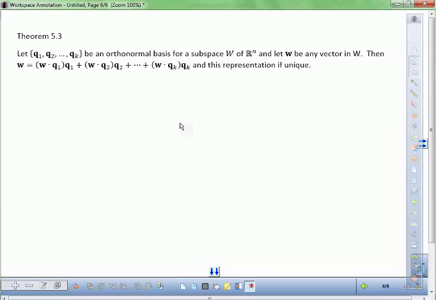Now, this looks a little bit different from what we saw earlier, but I think it's the same. Do you think it's the same? It is the same. And what's missing and why is it missing?